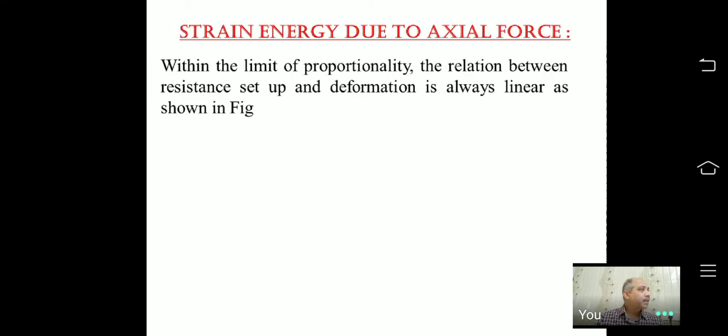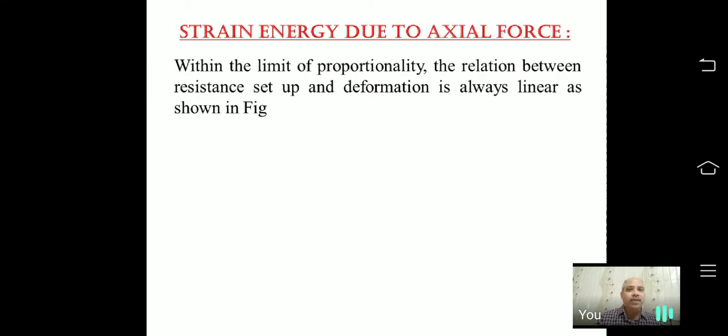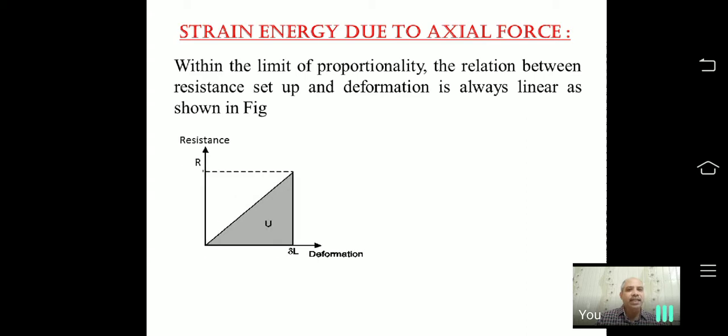Now if we will switch over to the next, so just I told you within the limit of proportionality, the relation between resistance and deformation is always linear, and that will give you strain energy stored. So you can see this. So we have R and delta. So we know within elastic limit stress is directly proportional to strain, and therefore instead of stress we are going to consider it as resistance.